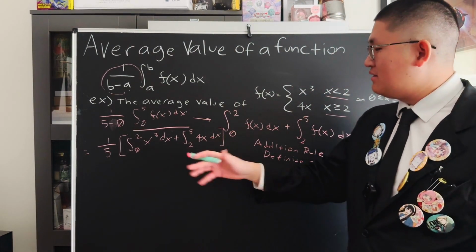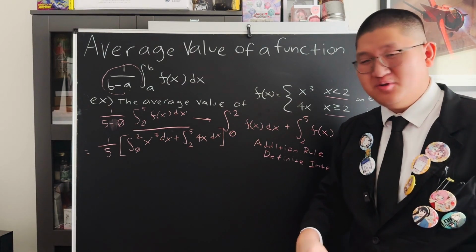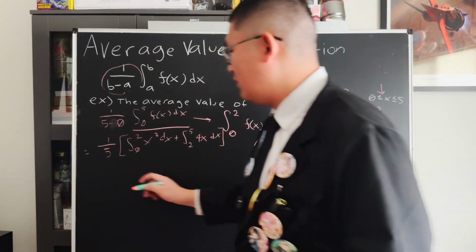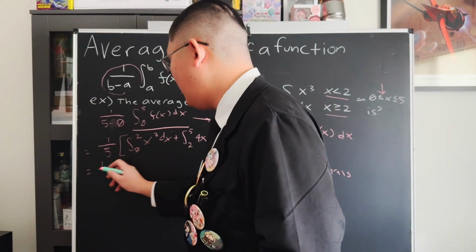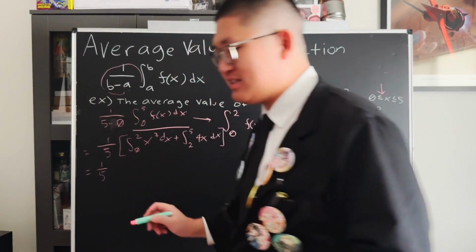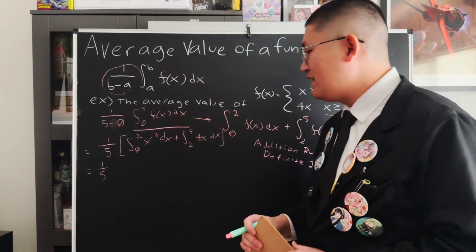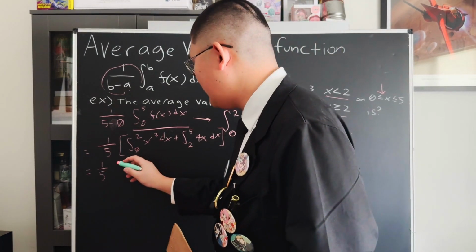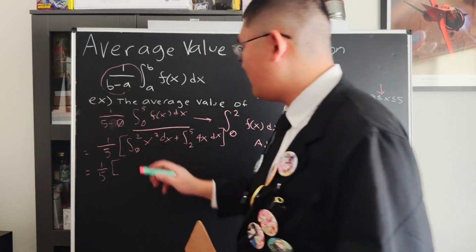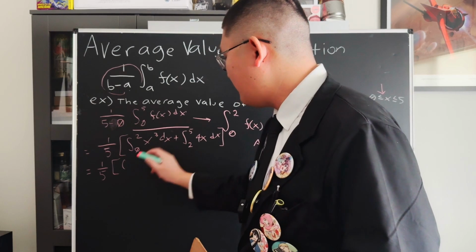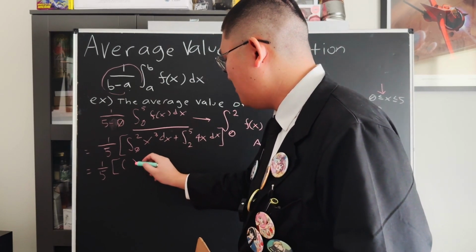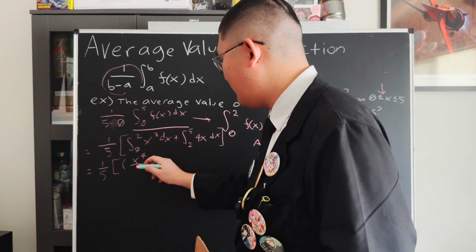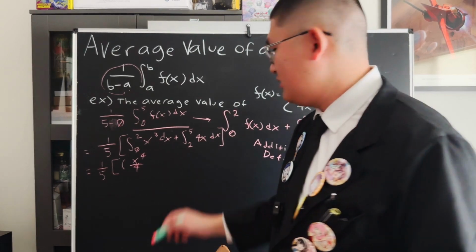Okay, now this looks like something we can definitely do after all of our wonderful practice. So let's leave that 1/5 there. It is simply not checked out of the line at the store yet, but we have these two integrals that we can simultaneously solve for. So our first order of business is that we have x to the third power, which means it will be x to the fourth, now divided by 4 as its new coefficient.